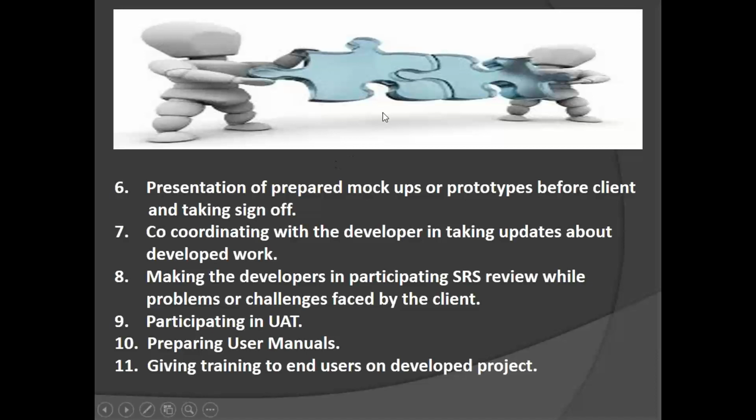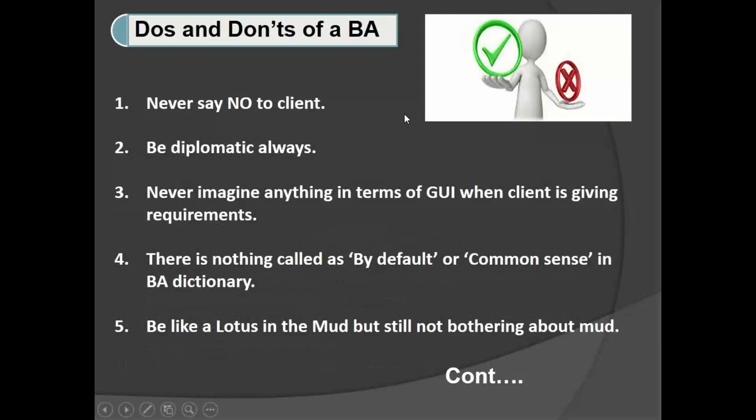Now we have seen the roles and responsibilities of a BA. Then next we will see the do's and don'ts of a BA, like what kind of work the BA has to do and what kind of work the BA has to ignore. So while doing a job, even if you are genuine, your colleagues who are working with you may be cunning.